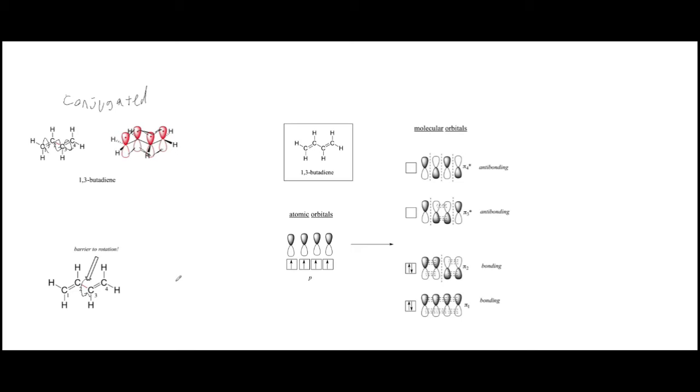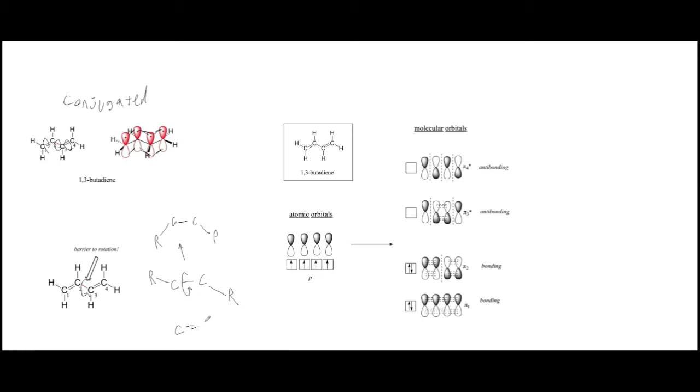For instance, if you have C, then just arbitrary R's coming off of them, you can rotate around this single bond and you can end up with this. And this is in sort of an equilibrium. It's always rotating because there's energy. But when you have these double bonds, you cannot have rotation.